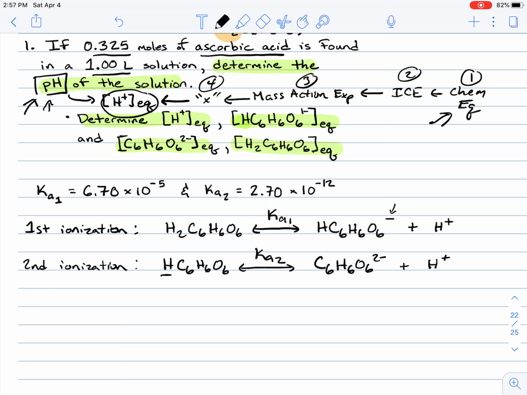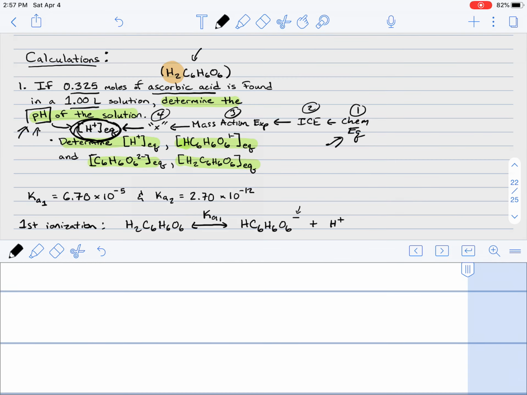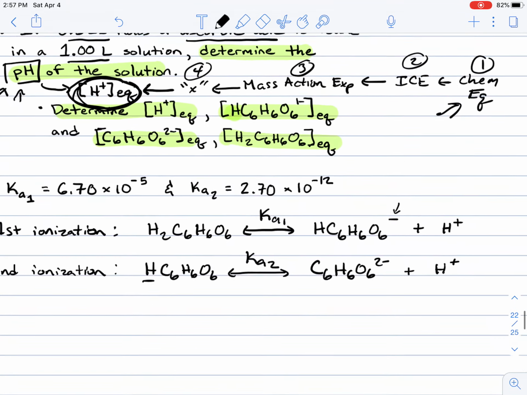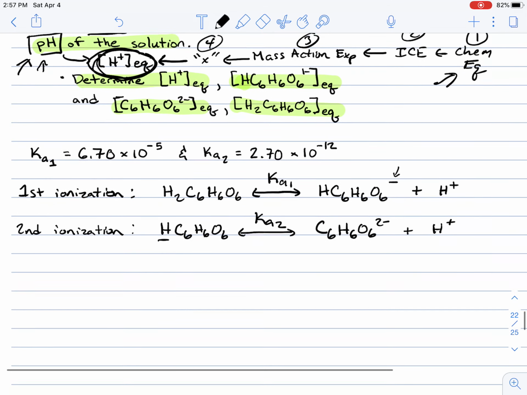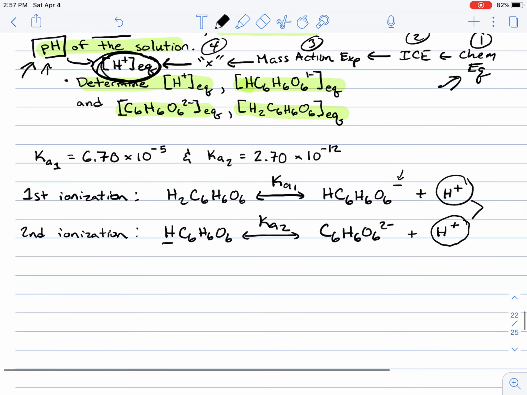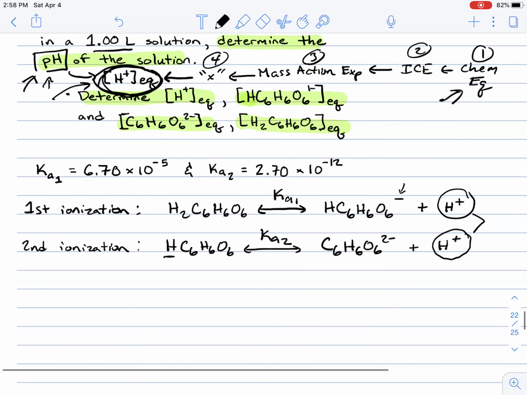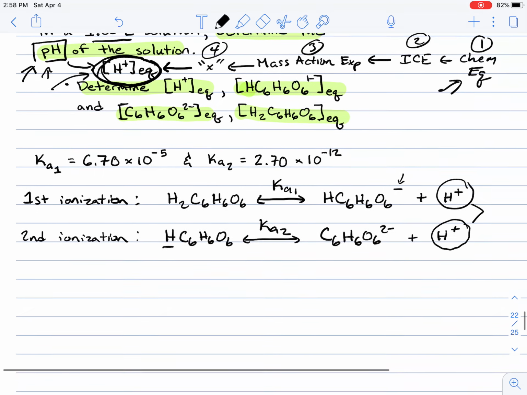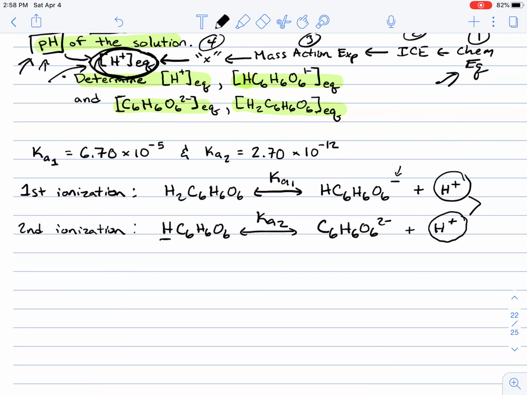To determine the total concentration of hydrogen ions at equilibrium, you have to consider how many hydrogen ions are produced after the first ionization, and how many are produced in the second ionization. Once we add both of these up, we can determine the total concentration of hydrogen ion at equilibrium, and then we can determine the pH. And to do that, we're going to go ahead and use the ice table.